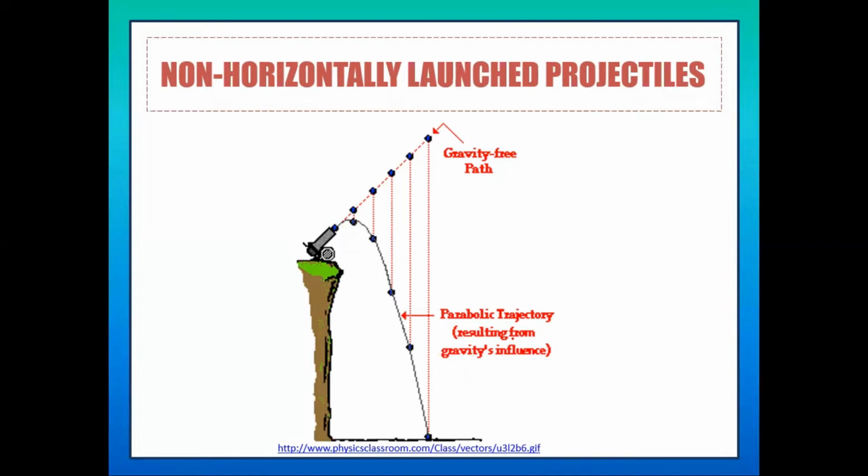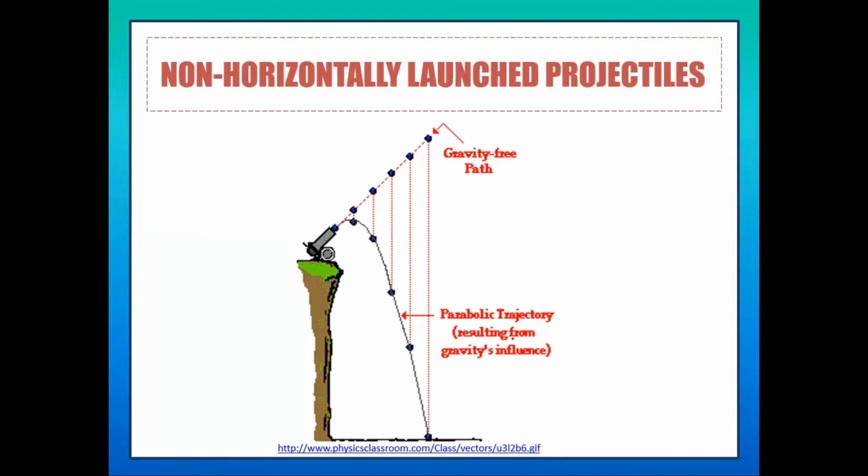The projectile still moves the same horizontal distance in each second of travel as it did when the gravity switch was turned off. Always remember that. The force of gravity is a vertical force and does not affect horizontal motion. So perpendicular components of motion are independent of each other.